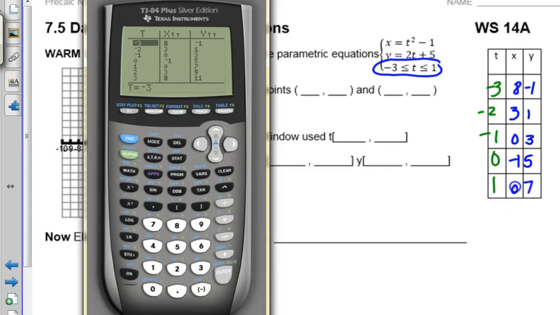And 0, 7. Notice the table goes beyond where the t-steps, right? The graph shouldn't, though. The graph we defined is only going to go from -3. So if we do trace at -3, we get 8, -1. That is an endpoint.